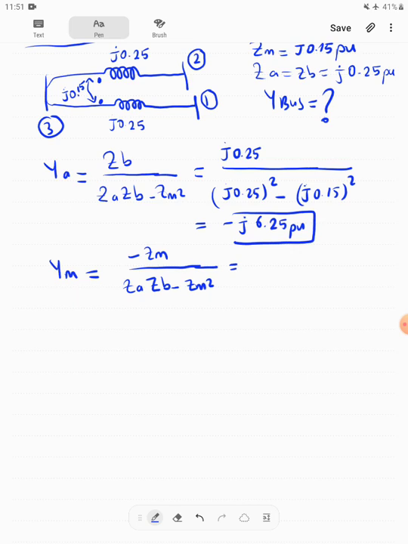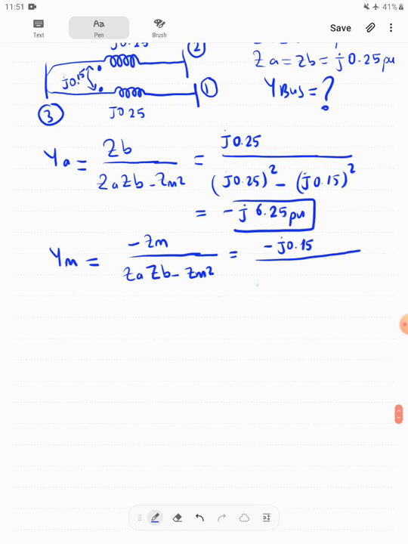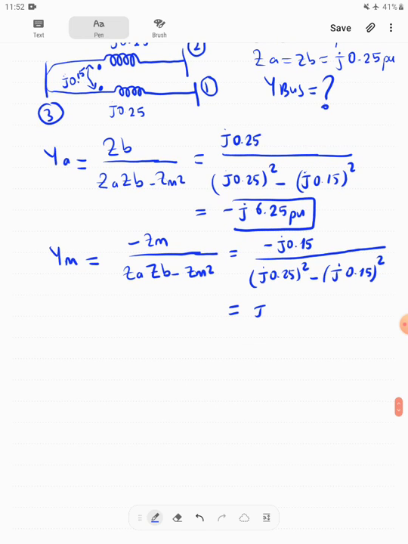If we substitute the values, minus J0.15 over J0.25 squared minus J0.15 squared, and the answer will be found as J3.75 per unit.